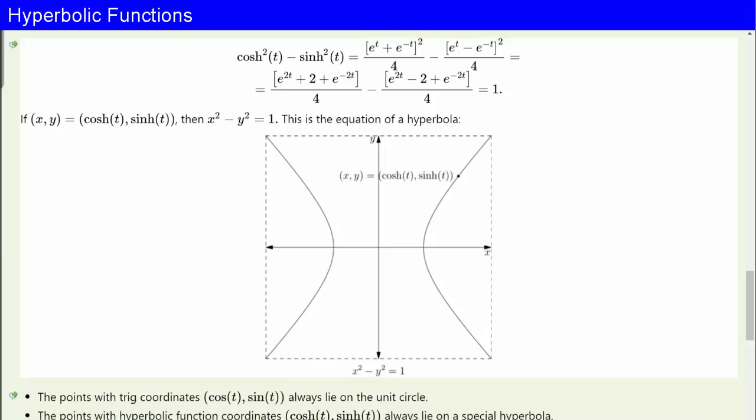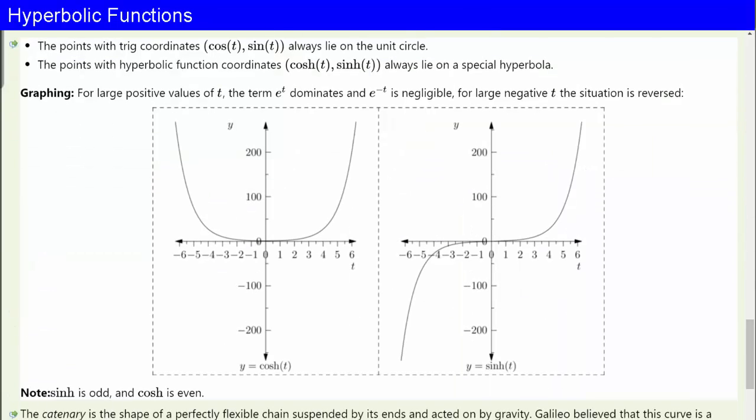So just as we conclude that the points with trig coordinates (cos t, sin t) always lie on a unit circle, the points with hyperbolic function coordinates (cosh t, sinh t) always lie on a special hyperbola, thus the names hyperbolic sine and hyperbolic cosine. The graphs of these two functions, sinh and cosh, are next on our list.